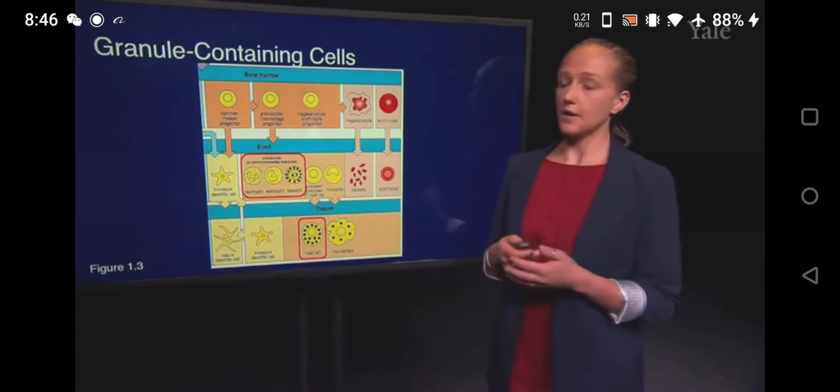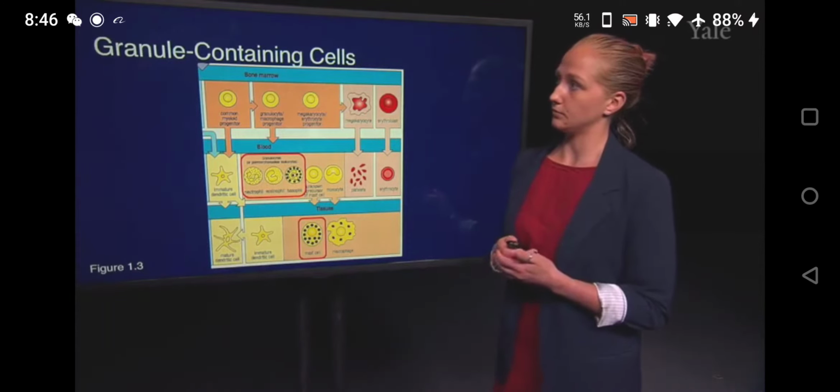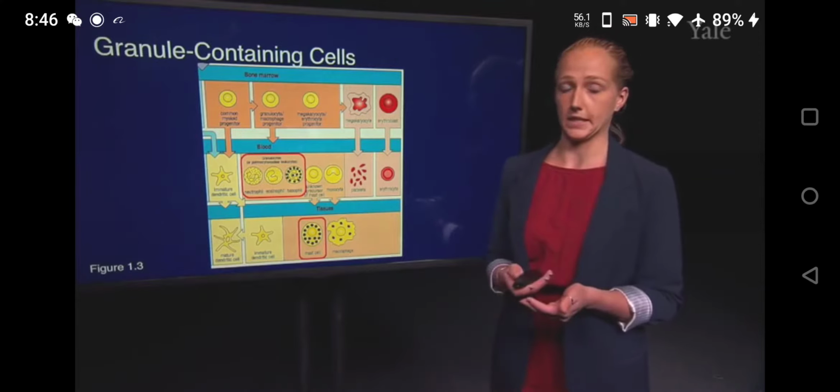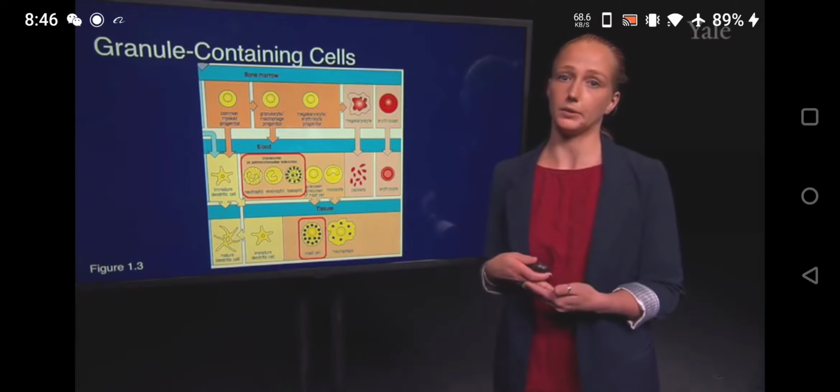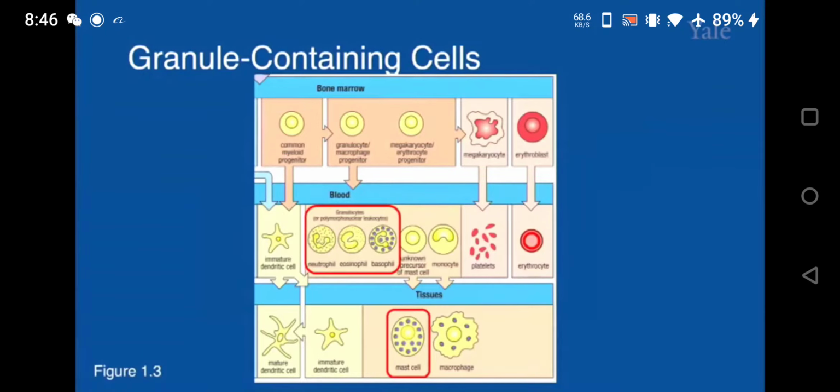So now that we've talked a lot about granule-containing cells, very general properties of these is that they're innate immune cells that contain granules that contain bioactive enzymes that function to protect our bodies against invading pathogens.